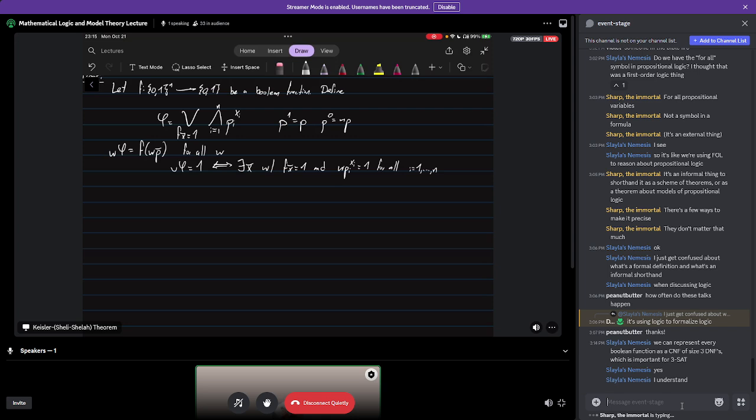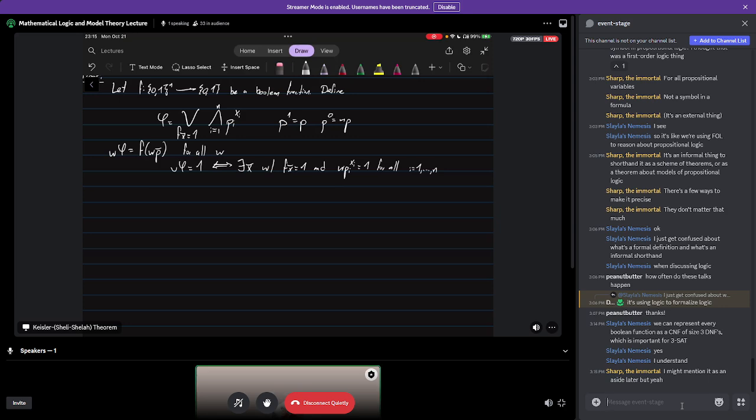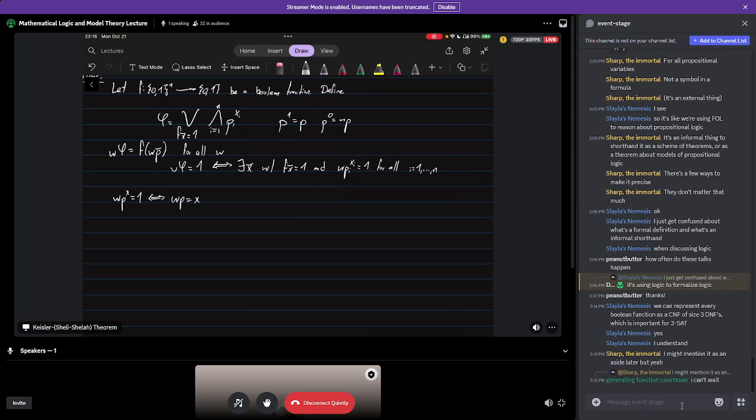Okay, anyway, so W(phi) is equal to 1 if and only if there exists a vector x such that f of x is equal to 1 and W(p_i) to the power of x_i is equal to 1 for all i. Now, what does it mean for W(p) to the power of x to equal 1? I'm going to say that this is if and only if W(p) is equal to x.